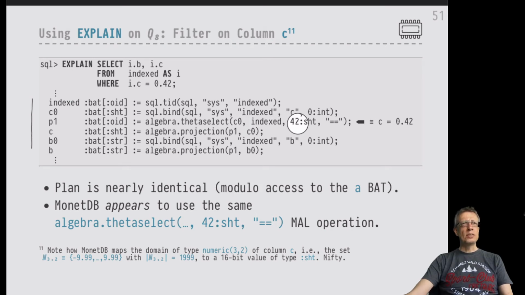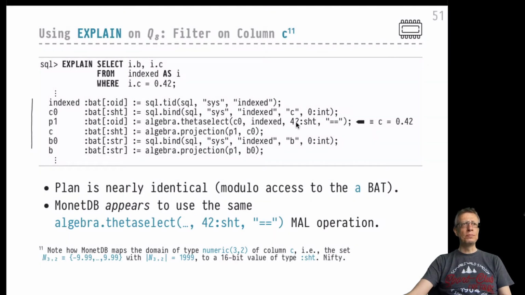As you can see, something nifty is going on here. We are using the literal 0.42 in the query, but this has been converted into a short 16-bit integer that just reads 42 here in the algebra theta select. Actually, internally, the C column is treated by MonetDB as being a 16-bit short column.